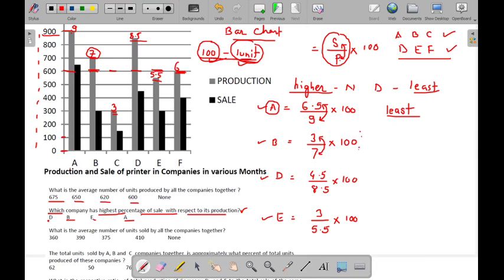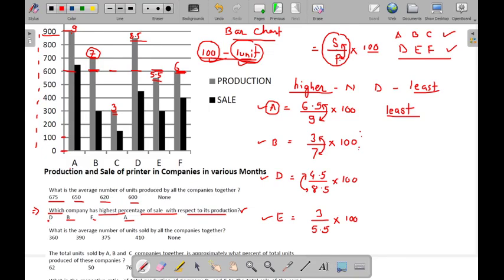Pay attention, very important. As the difference between the numerator and denominator increases, the value starts decreasing. This is a very important point when they are asking for a specific ratio in its percentage form. Here they are asking the ratio of sales upon production in percentage form.